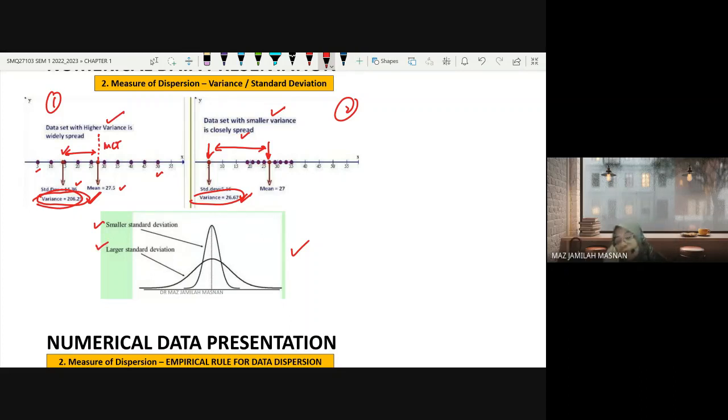Smaller standard deviation or larger standard deviation? Can someone answer? Class, is a smaller standard deviation better or a larger standard deviation better? Class?